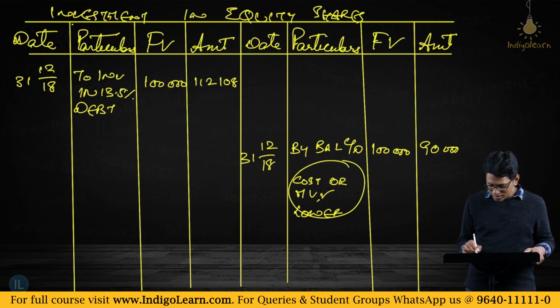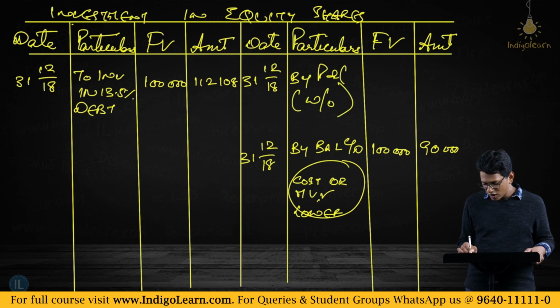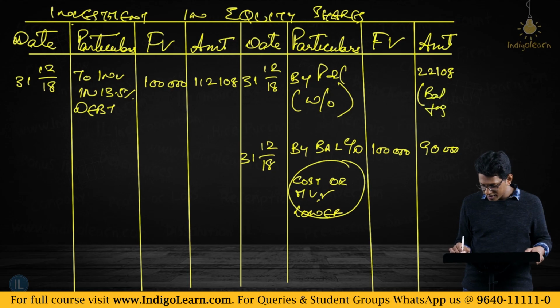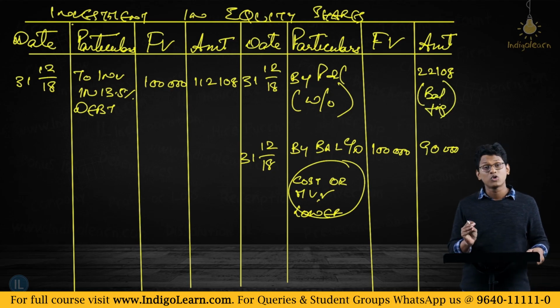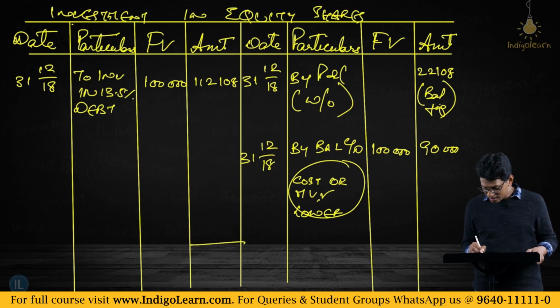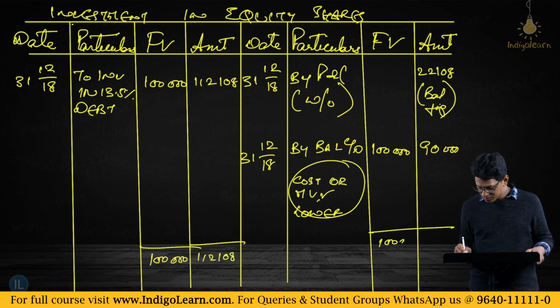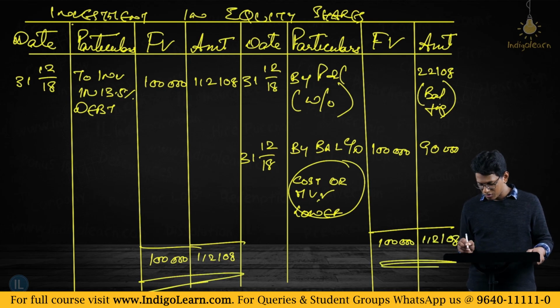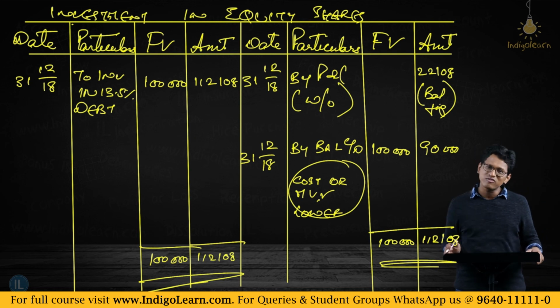So please write down 31st December by P&L write-off 22,108, balancing figure. So this is the amount which will be written off. That's it. Now close this account. 1,12,108. Cost or market value, whichever is lower, that principle we have applied. That's all.